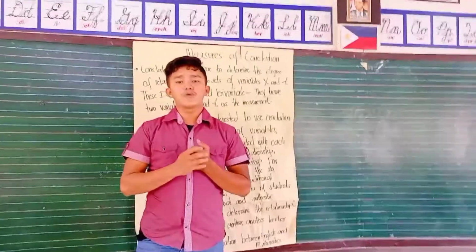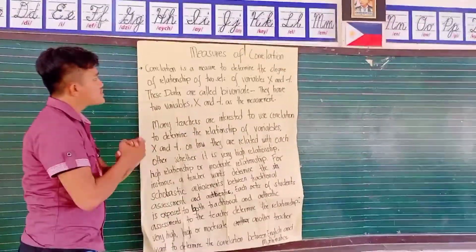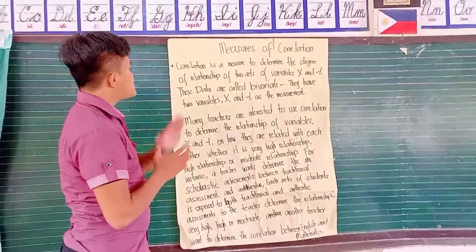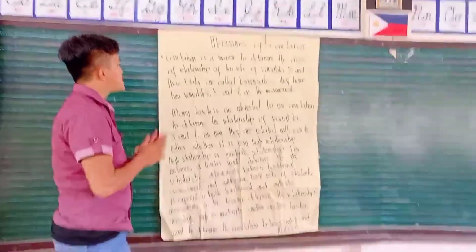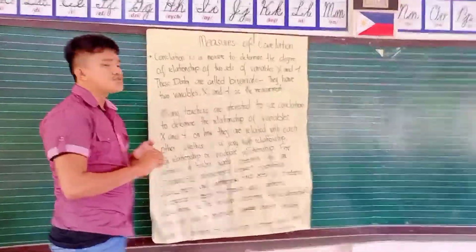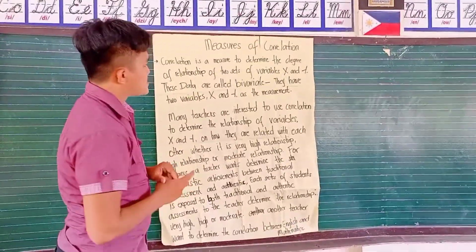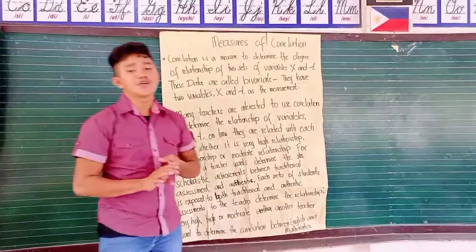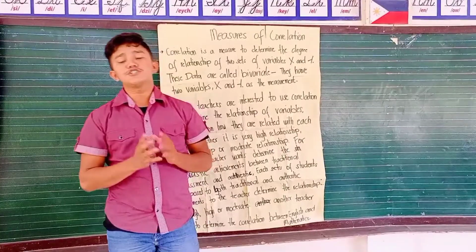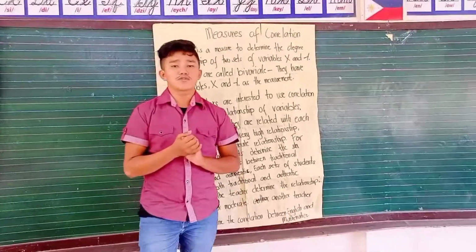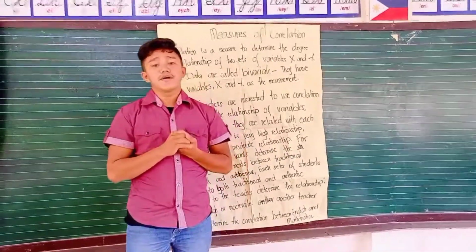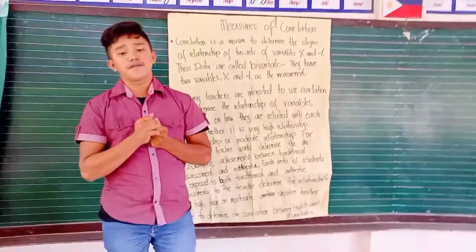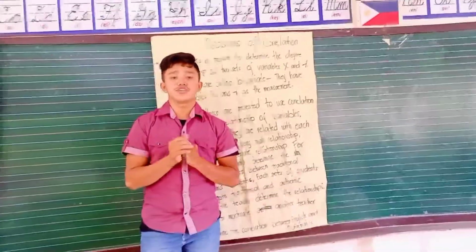Today we're going to report about measures of correlation. Correlation is a measure of determining the degree of relationship of two sets of variables, which is x and y. So when we say correlation, we are correlating or relating if they relate with each other.